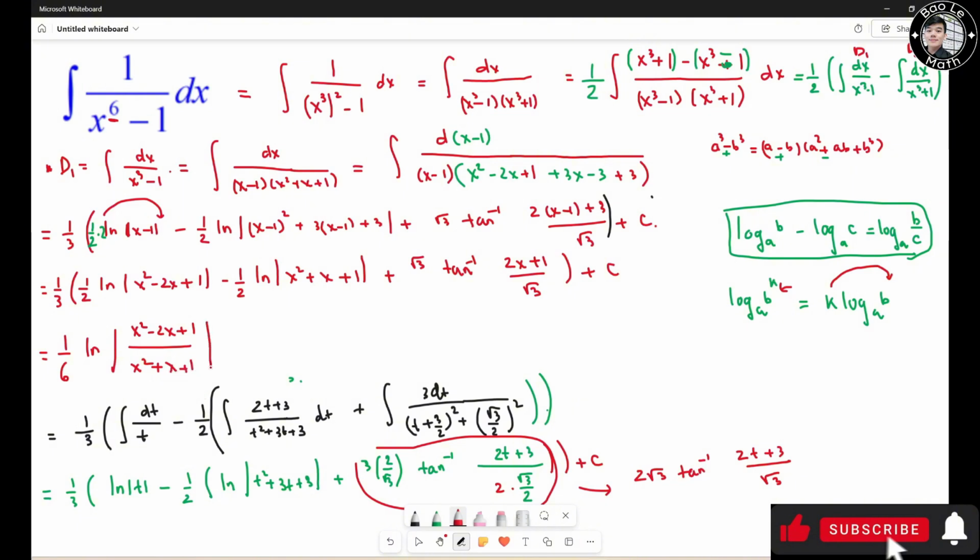Alright. Plus 1/3 multiplied by this one is going to be root 3 over 3 tangent inverse of (2s plus 1) over root 3 plus c. Sorry, there is a typo right here. When we distribute negative 1/2, this must be negative, this must be negative. So we have this right here must be negative.